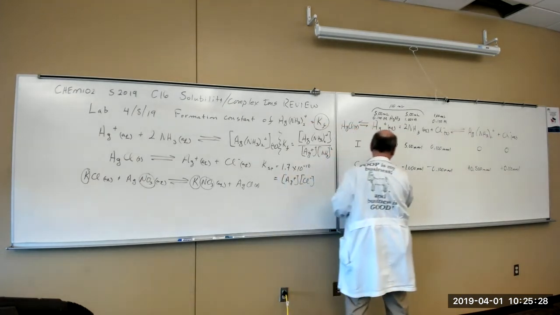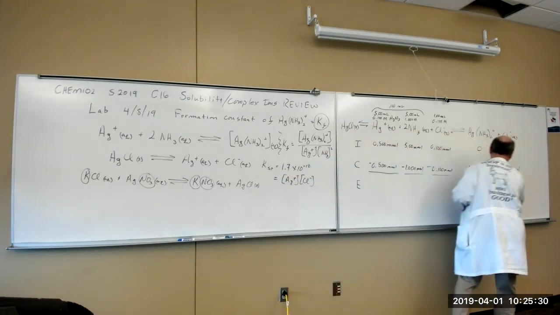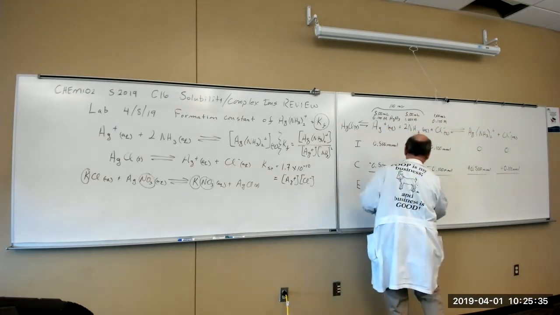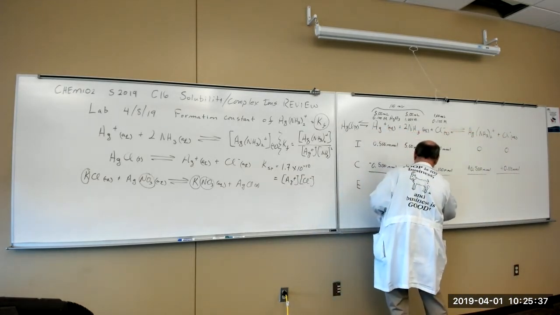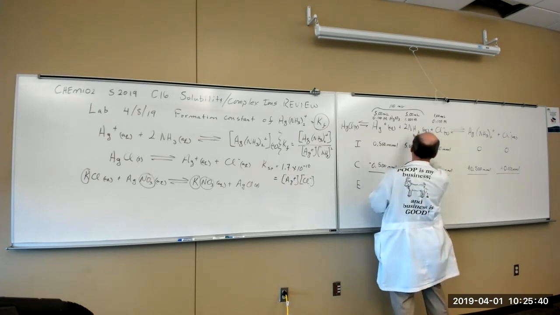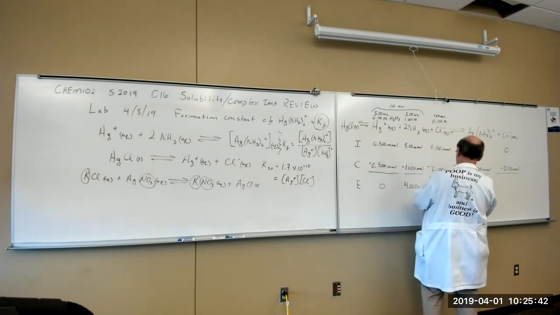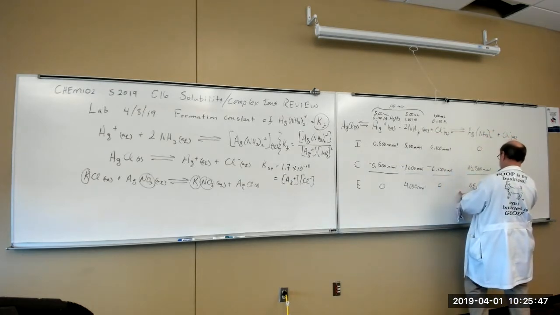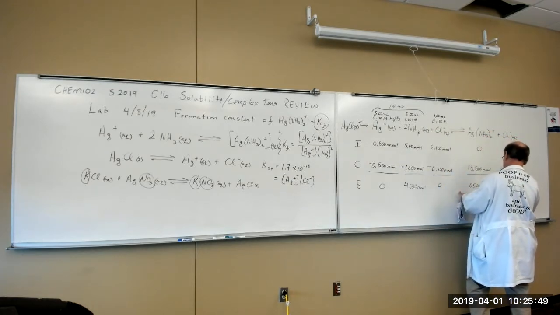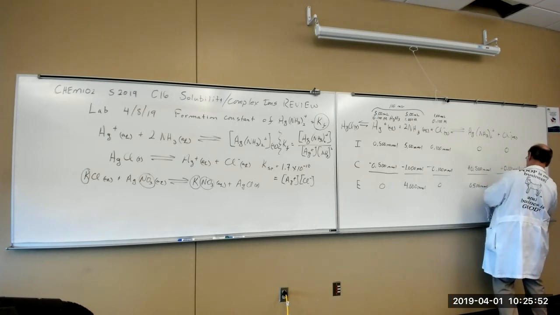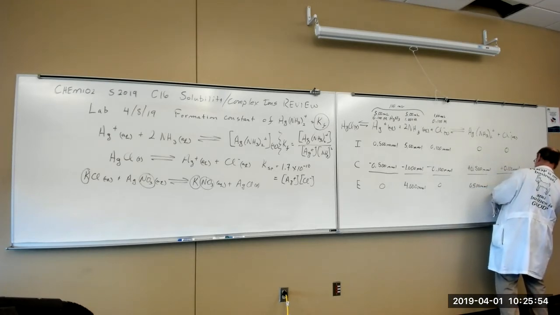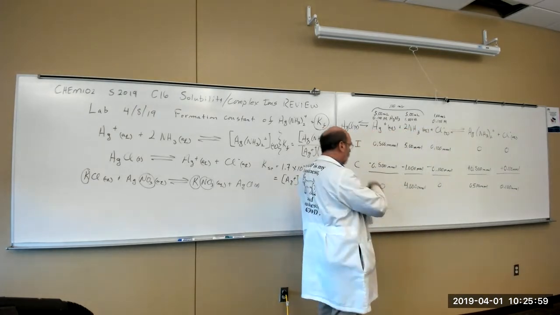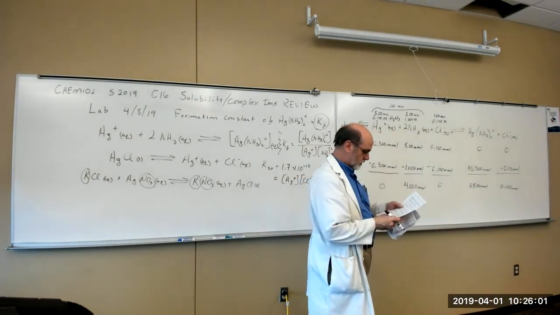So what does this give us? Well, here we have 0. Here we have 4 millimoles of that left in solution. Here we have 0. Here we have 0.5. And here we have 0.1. Okay, now we have the equilibrium situation, but we can't do any calculations until we know concentration.